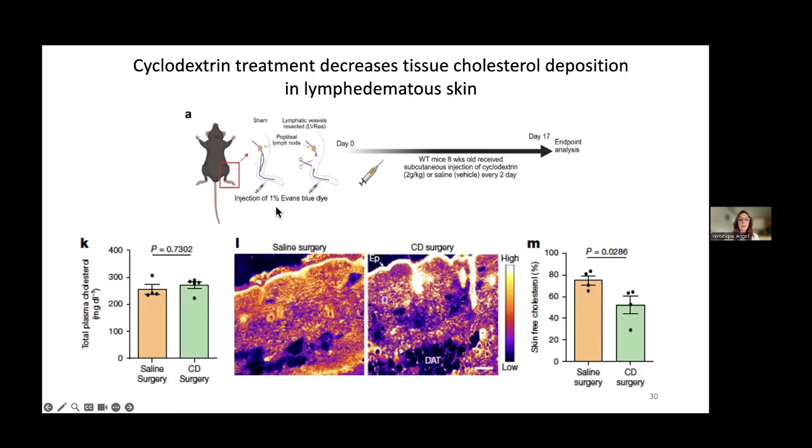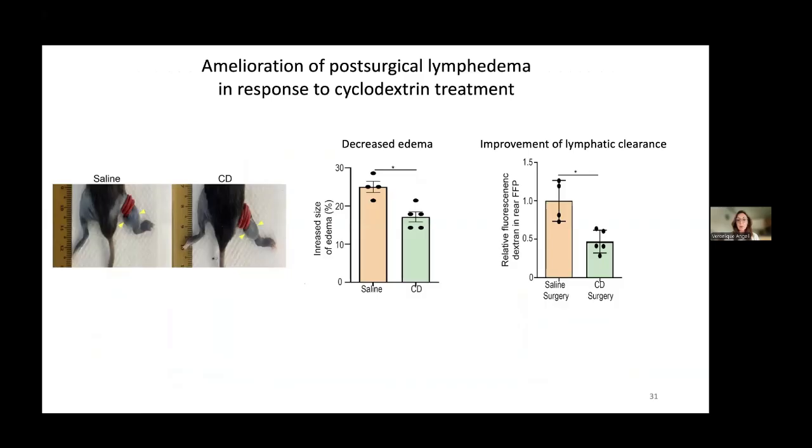So we used this mouse model of lymphedema and treated some of the mice with cyclodextrin. Although cyclodextrin does not affect the total plasma cholesterol in these mice, we could observe a significant reduction in the accumulation of free cholesterol in this tissue. So then what about the effect on swelling? We could also observe a significant decrease in the lymphedema.